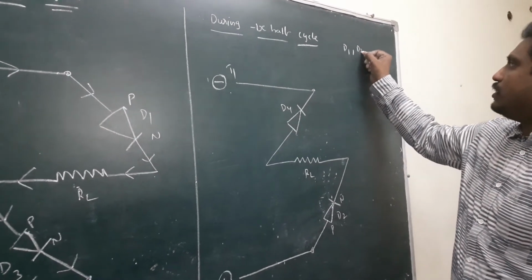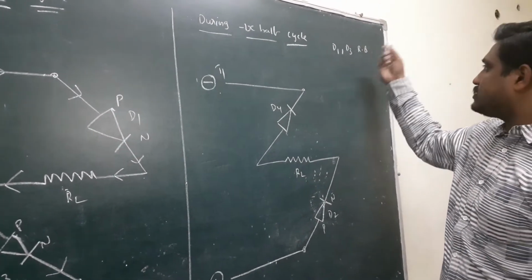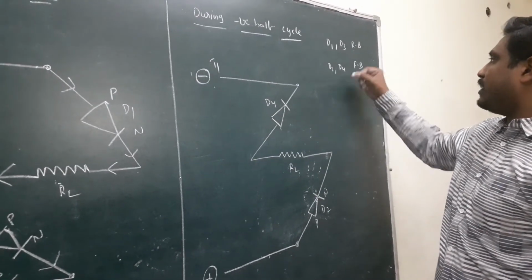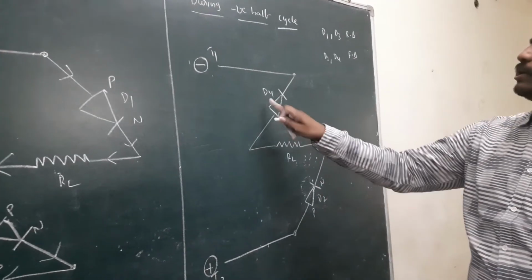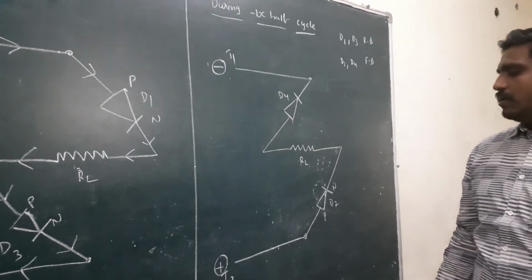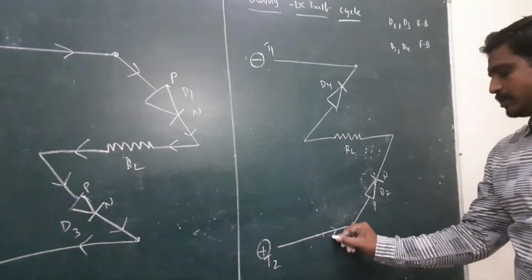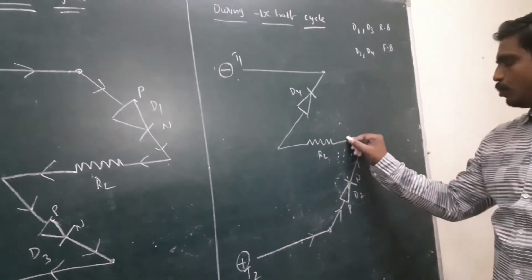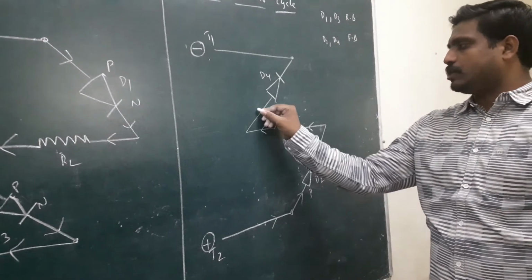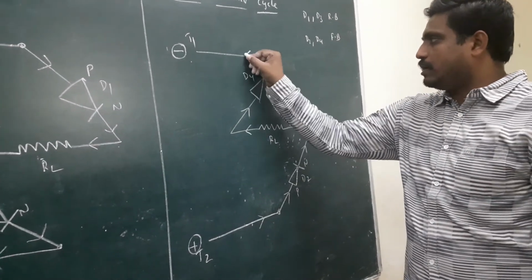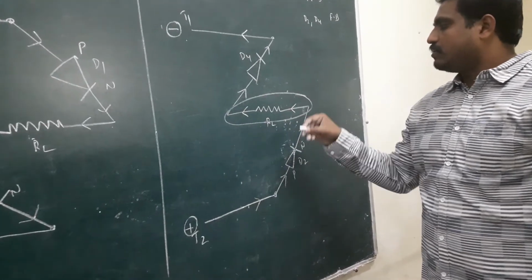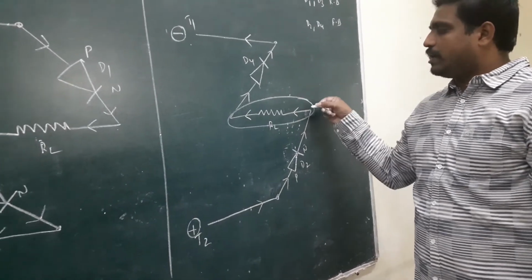D1 and D3 are reverse bias. D2 and D4 are forward bias. Here D2 and here D4 remain. Current always flows from plus to minus, through the diode and the resistance. This is the direction of current during the negative half cycle.